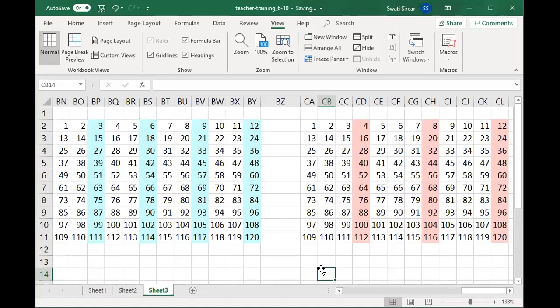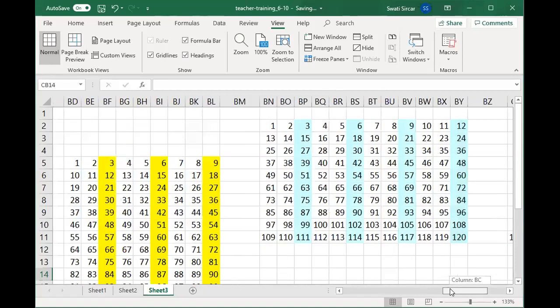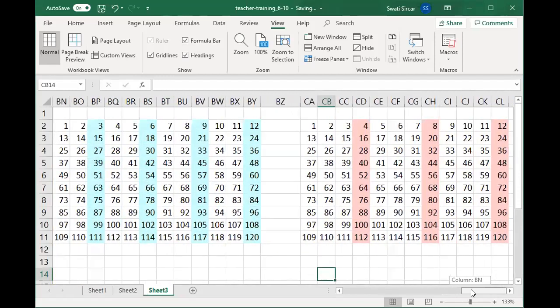That is one very interesting aspect, and you can do a lot of pattern activities related to this. You can give just the grid, the color pattern, and ask children to figure out which number it is for.